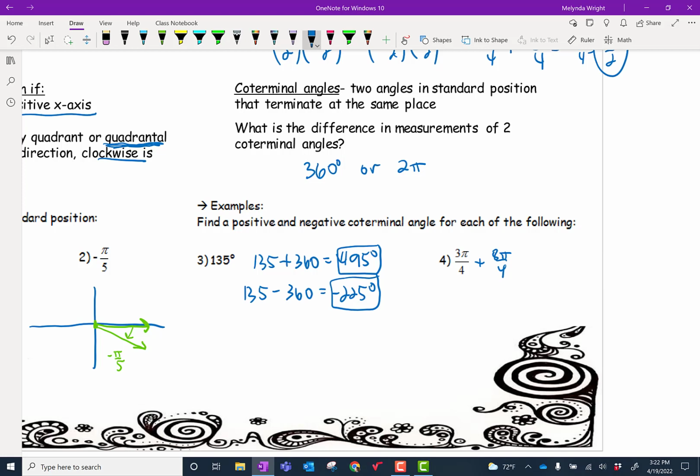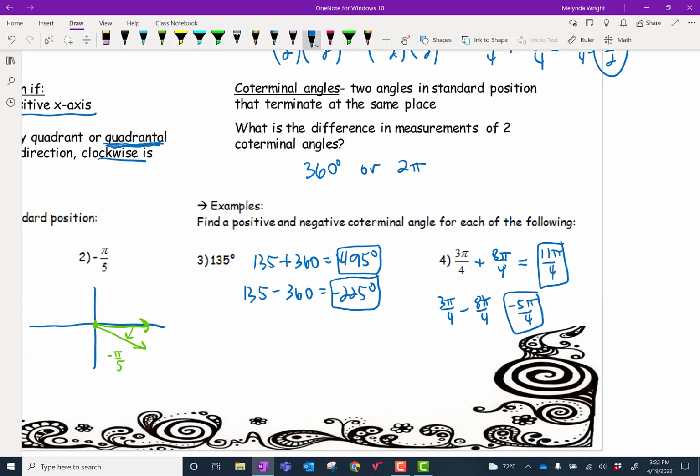So 3 pi over 4 plus 8 pi over 4 is 11 pi over 4. So that's a positive coterminal angle. Now let's subtract 3 pi over 4 minus 8 pi over 4. And that would give me negative 5 pi over 4. And that would be a negative coterminal angle.